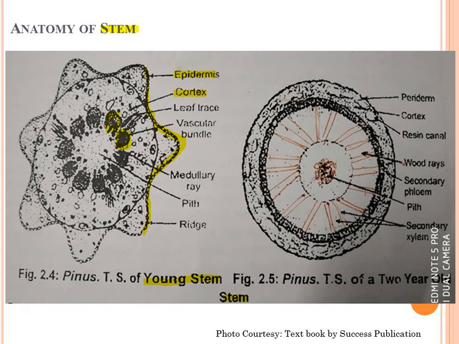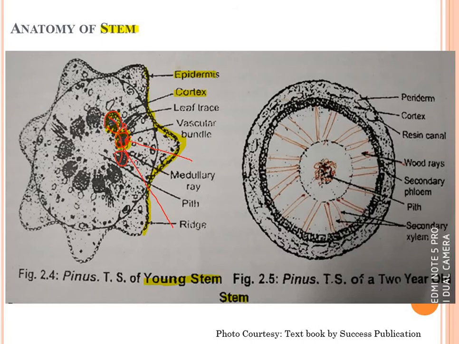See, this is the vascular bundle, and this is the second vascular bundle. Then this one is the third vascular bundle. Inside these vascular bundles, cambium is present at the center. Cambium is the meristematic tissue, and outside the cambium is the phloem, and inside the cambium xylem tissue is present.